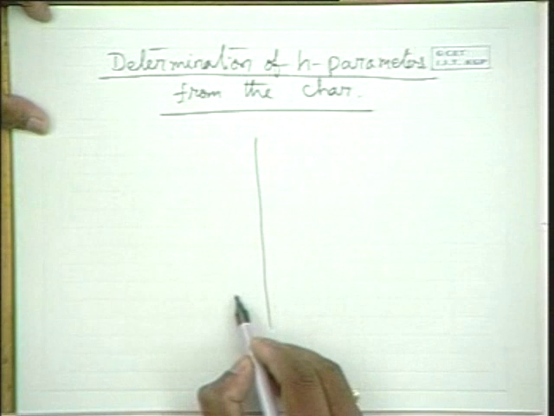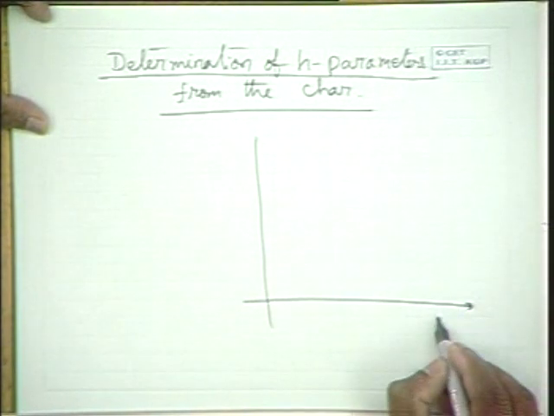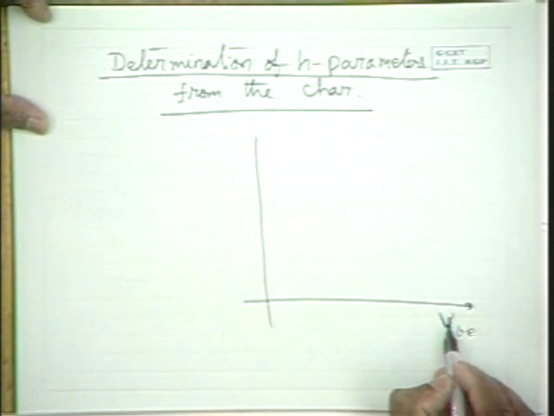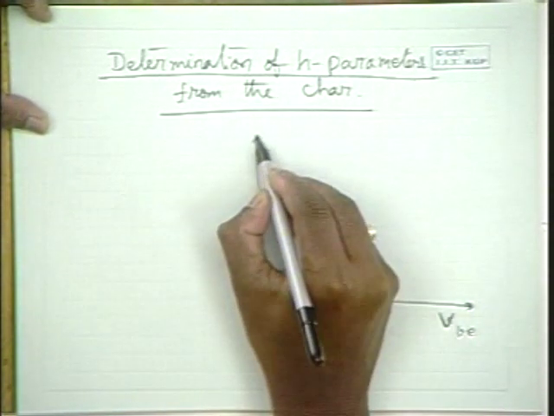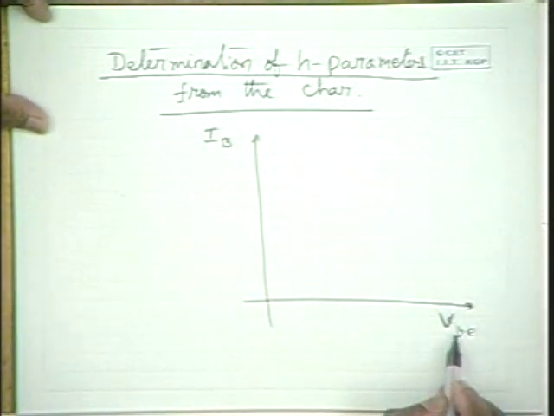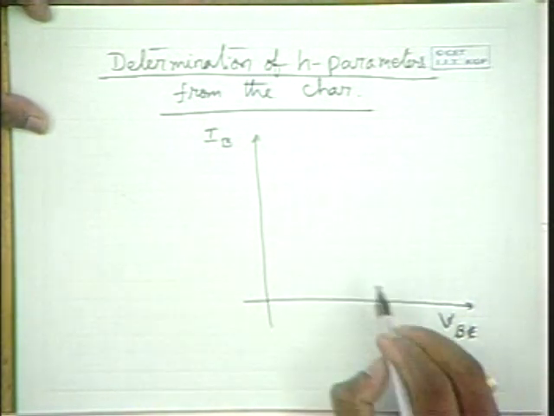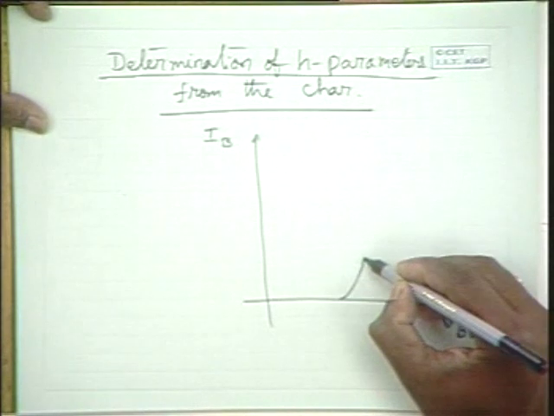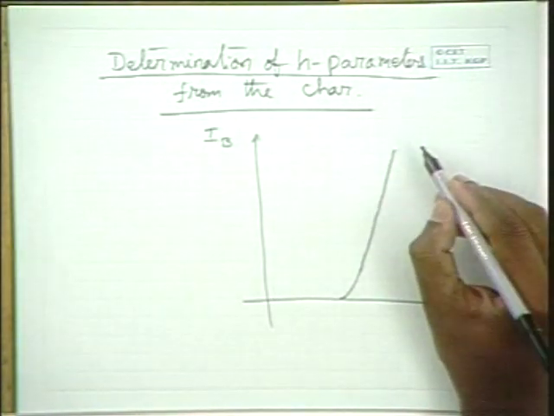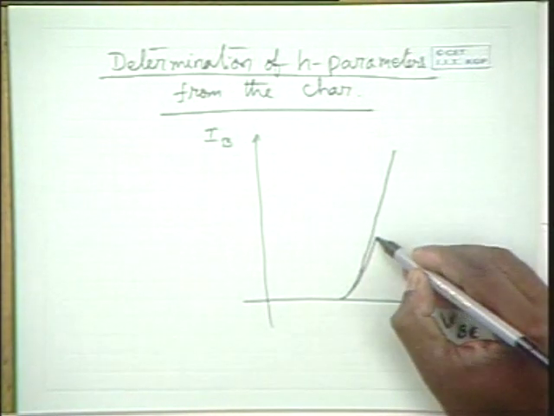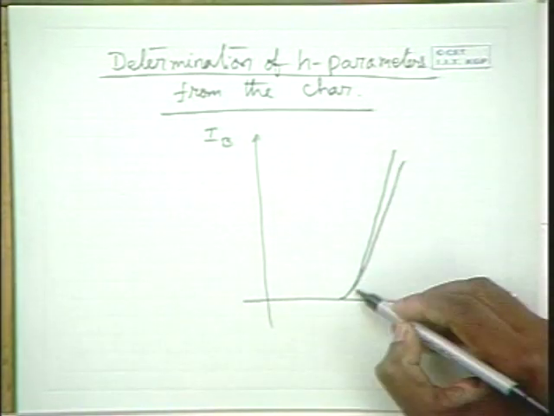So this is the input characteristics with the voltage between base and emitter, and this is the base current. These are capital VBE and capital IB, because they include the alternating as well as the DC components.